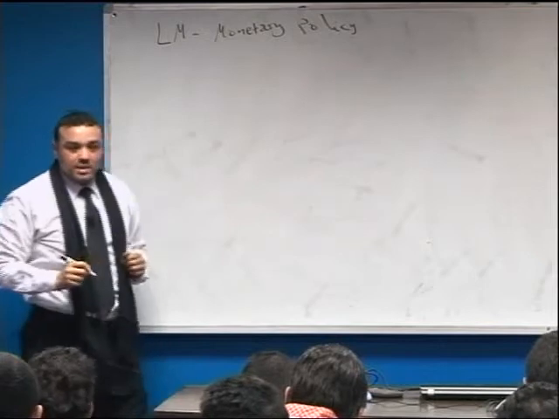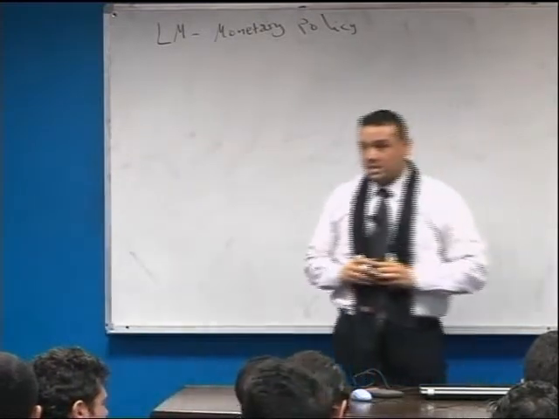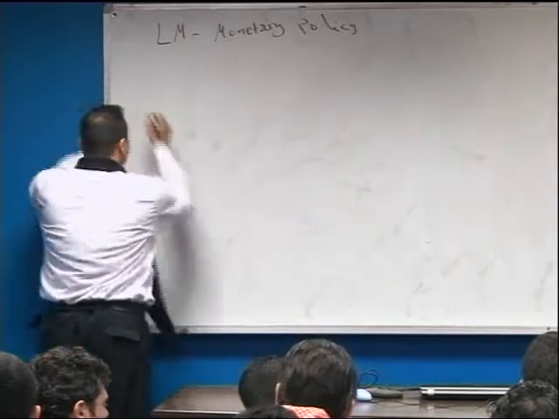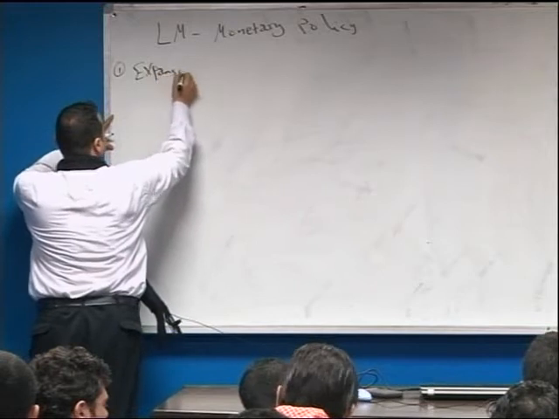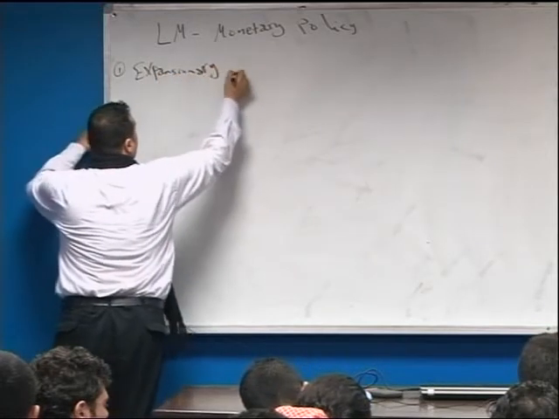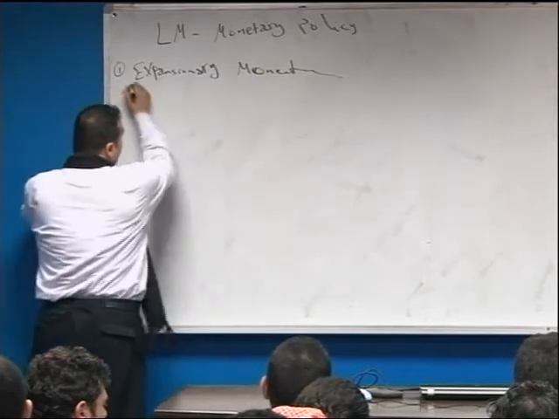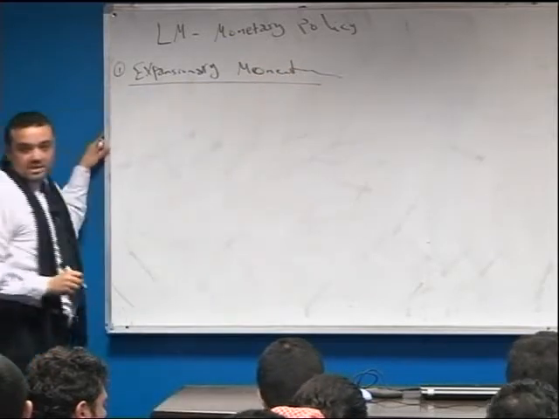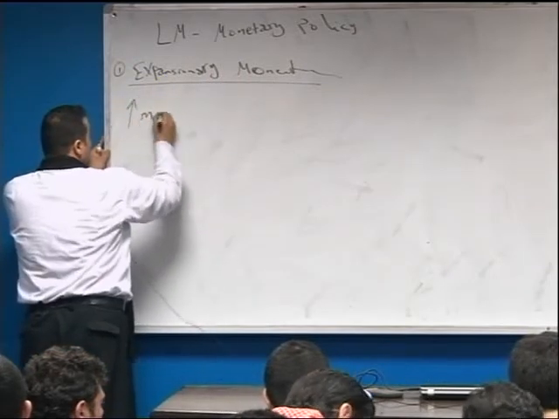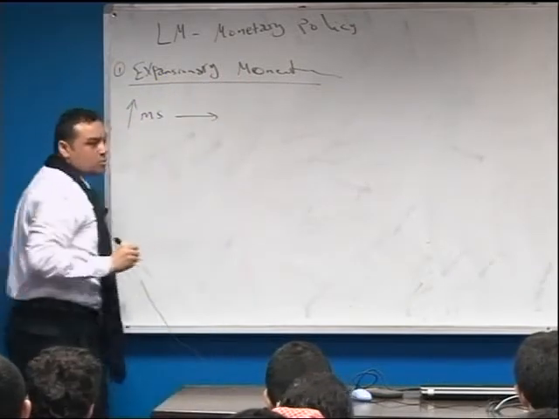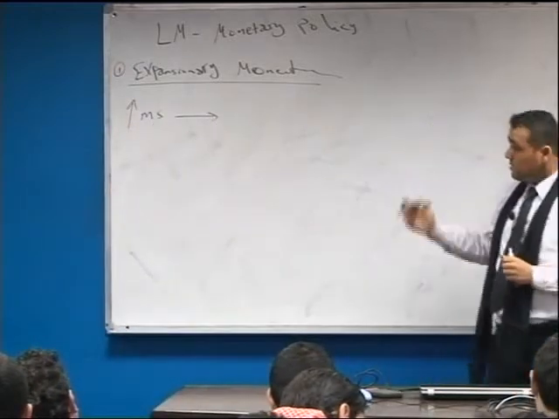Let's use an expansionary monetary policy, number one, expansionary monetary policy. Exactly, increasing of money supply. What does it do to the interest rate? Decreased, exactly.